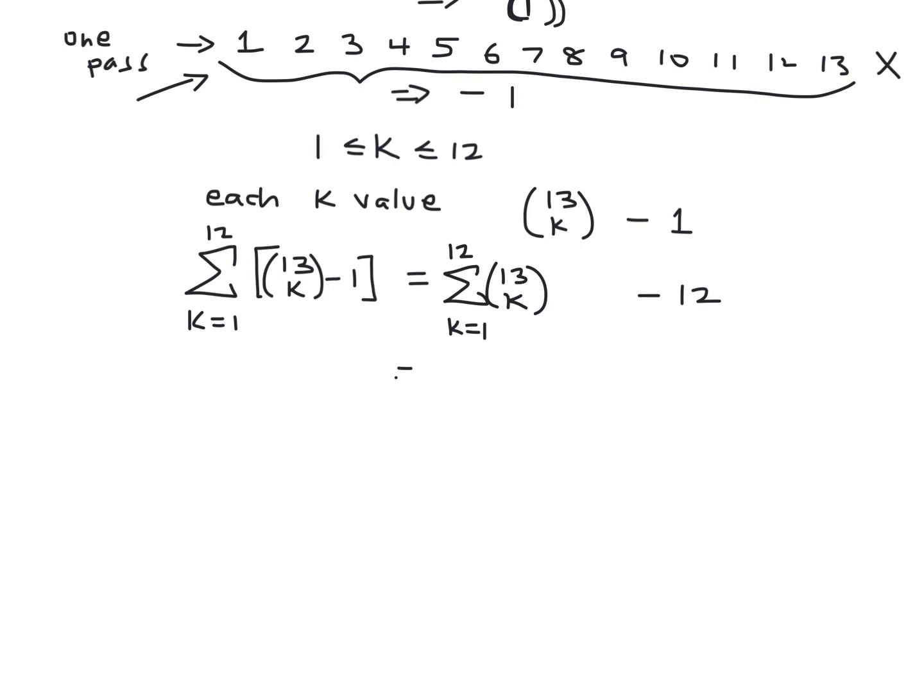And then it just becomes 13 choose 1 plus 13 choose 2 plus 13 choose 3 plus... You guys get the point, all the way till 13 choose 12. And then don't forget that minus 12.